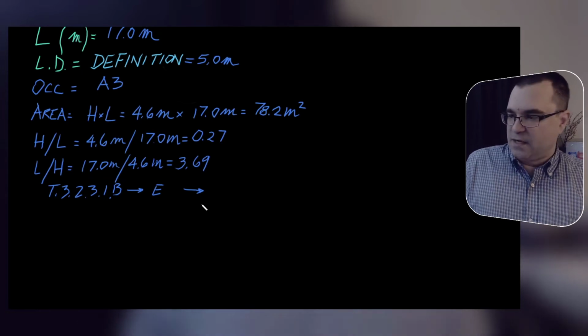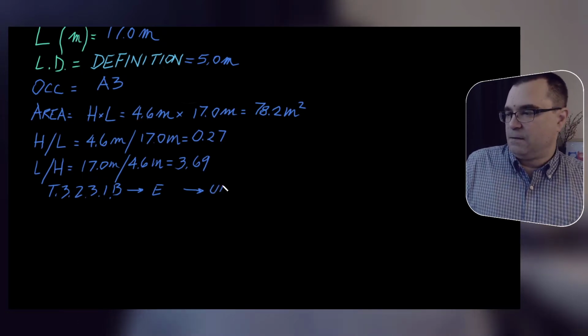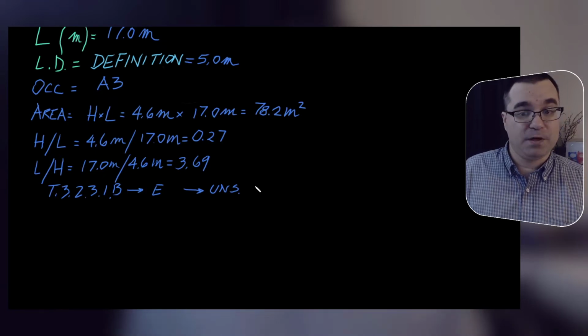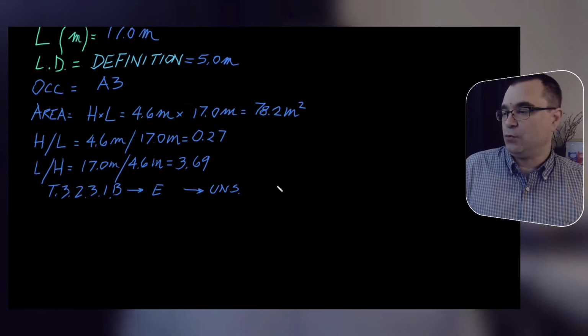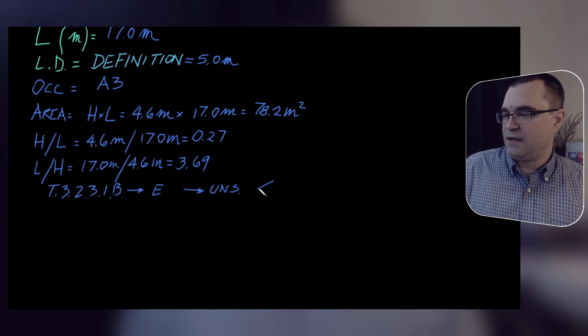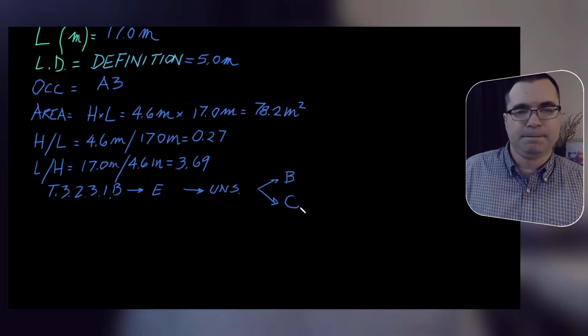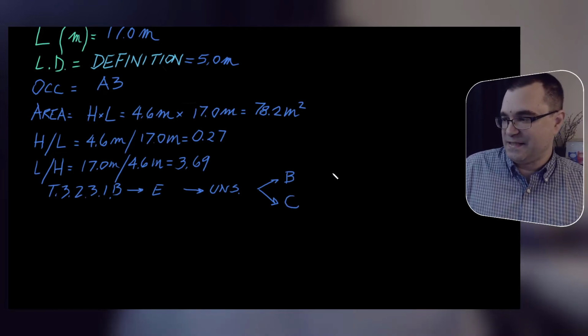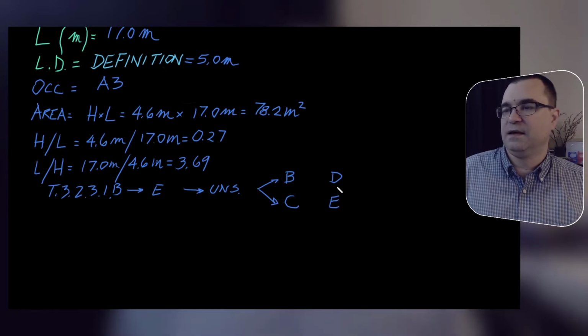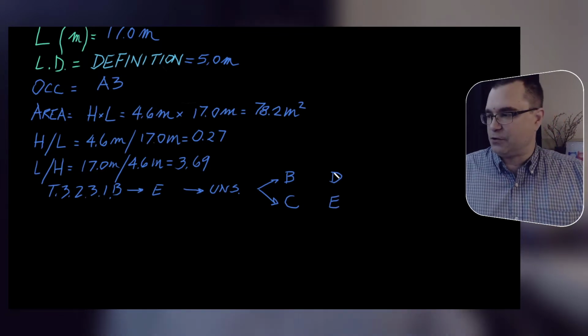That means we're only allowed to use either that B table or that C table, because B and E are actually sprinklered.